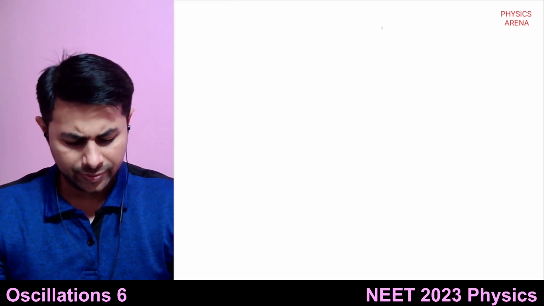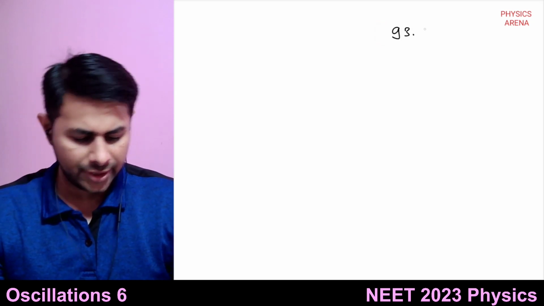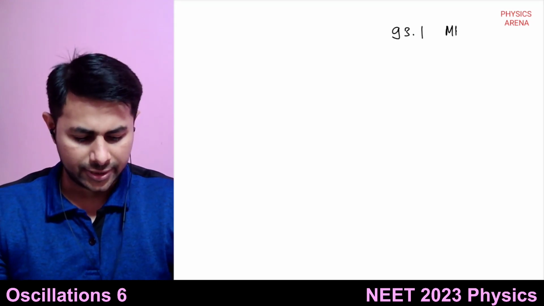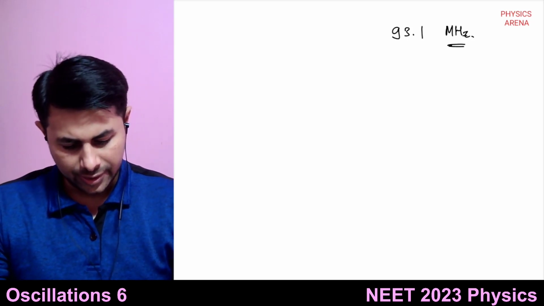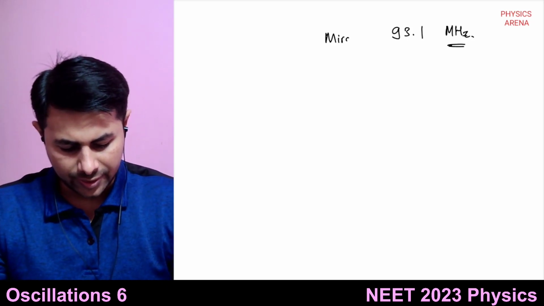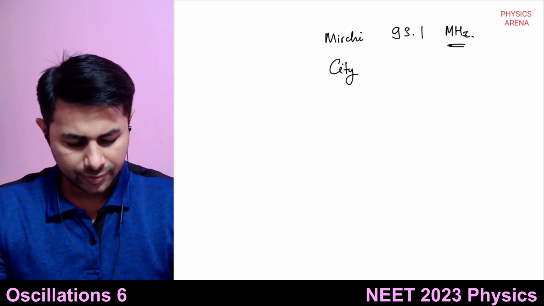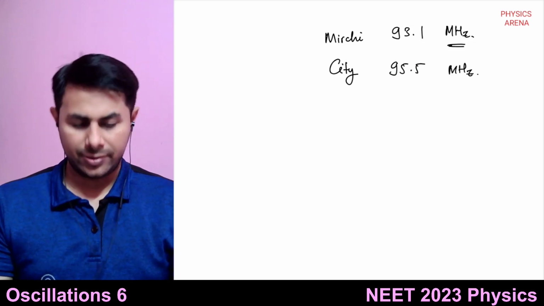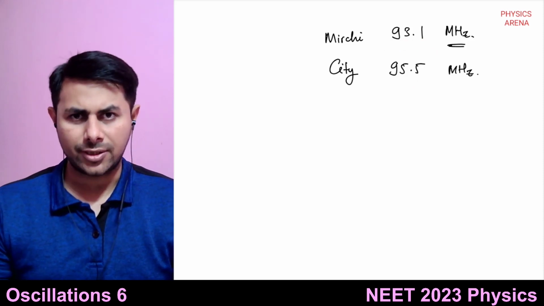All of them transmit at some particular frequency, right? So Radio Mirchi, for example, is 93.1 megahertz. The other one is Radio City, 95.5. They transmit at a particular frequency.